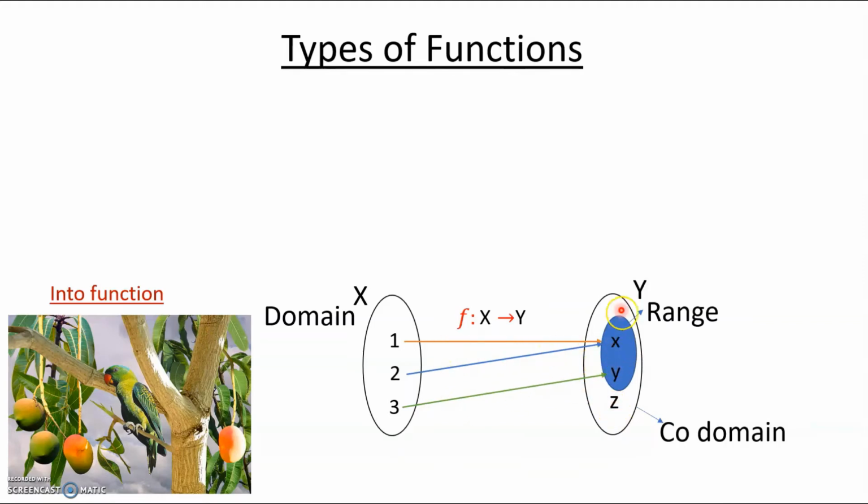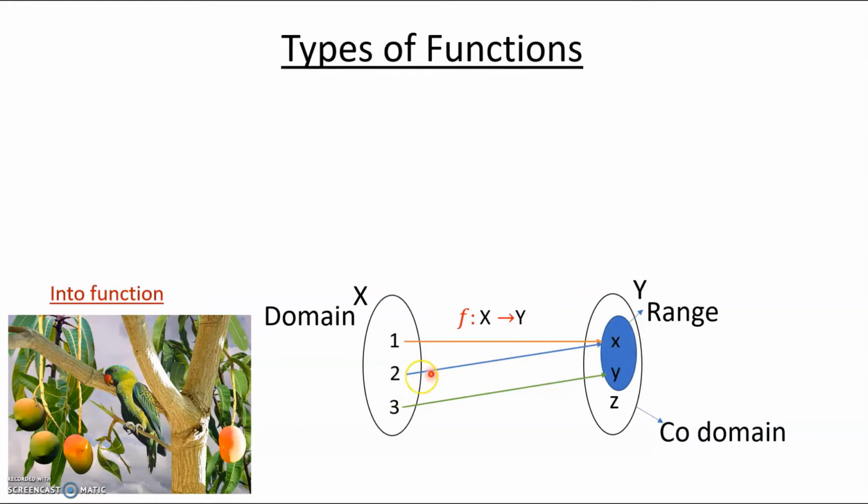But this set has ripe and unripe mangoes. So the codomain means it's the full set, here all the mangoes in the tree. And that's the codomain. And our range is the function, the relationship: the parrot will go for the ripe mangoes.